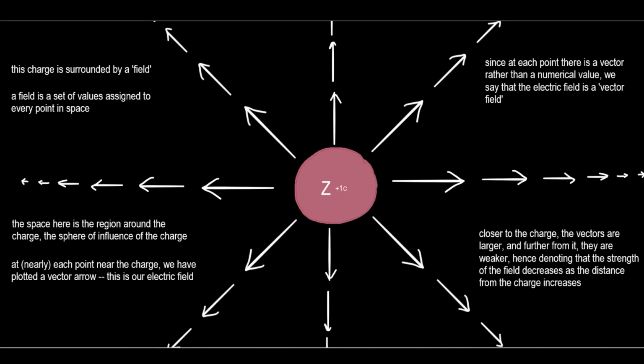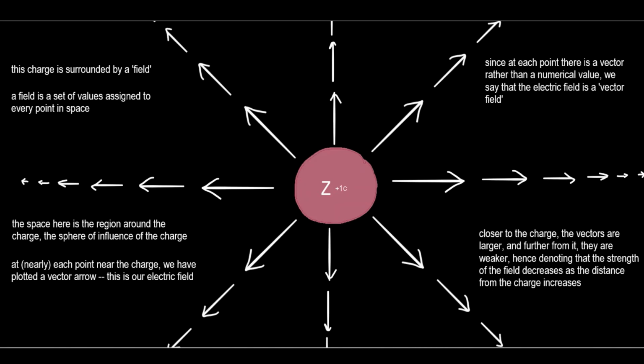In physics, a field is a set of values assigned to every point in space. This is a vector field, where each value is denoted not as a number, but as a vector. The field strength weakens as you move further from the charge and strengthens when you do the opposite. Right now, there is no force being exerted anywhere.